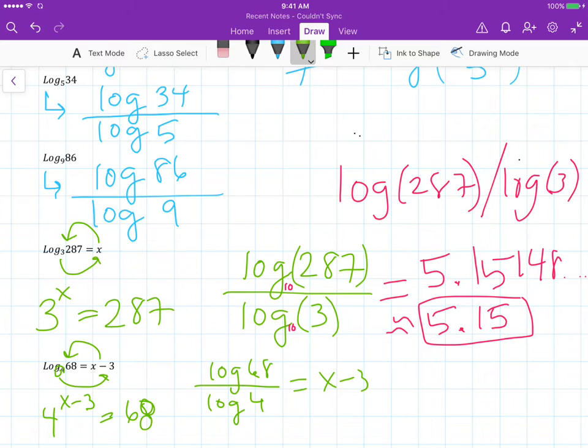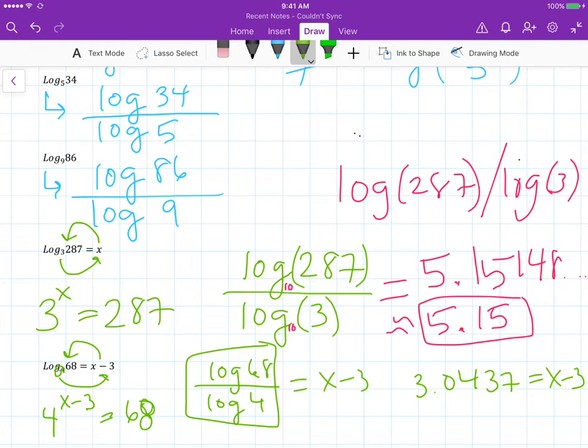So then what I could do is actually get this value of log of 68 over log of 4. So if you punch that into your calculator, you get approximately 3.0437. So if I wanted to rewrite this here, 3.0437 is equal to x minus 3.